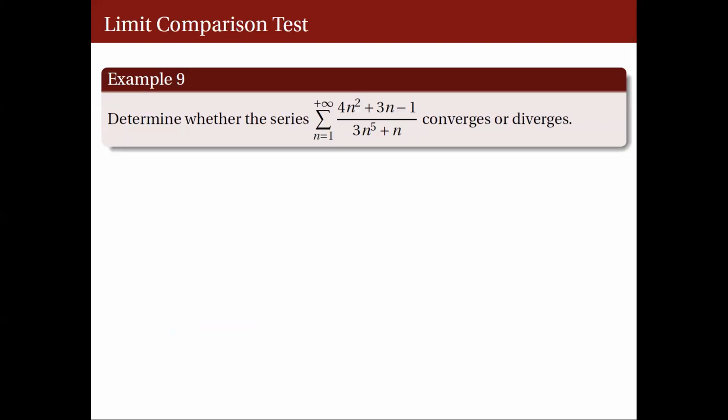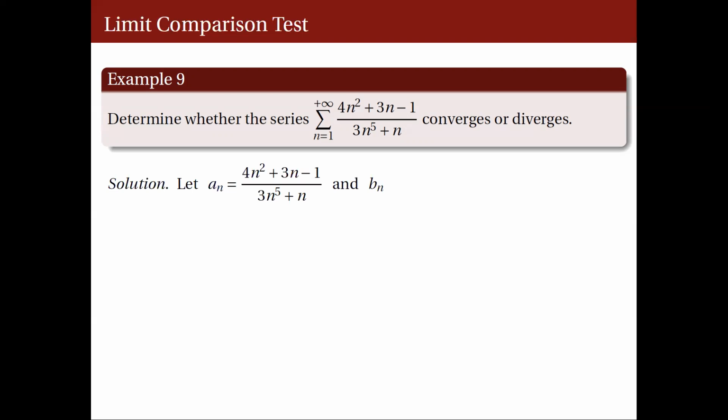For our second problem, alamin natin kung convergent or divergent ang series na ito. Again, positive ulit ang terms nitong series, kaya walang problema. And we let a sub n be equal to 4n squared plus 3n minus 1 all over 3n to the 5th plus n.